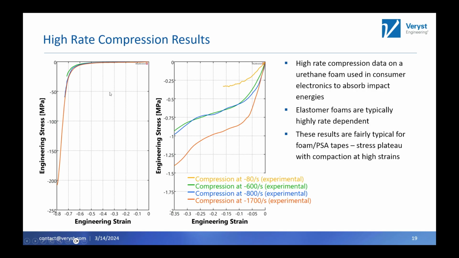So here's the macro stress and strain, but looking much more closely at the lower strain regime, you see that even at 80 strain per second, which is a relatively high strain rate, there's still some strain rate sensitivity moving up from there to around 1700 strain per second. And this behavior is what we expect from elastomer foams like this particular foam PSA tape, where we get this stress plateau with some compaction at very, very high strains.